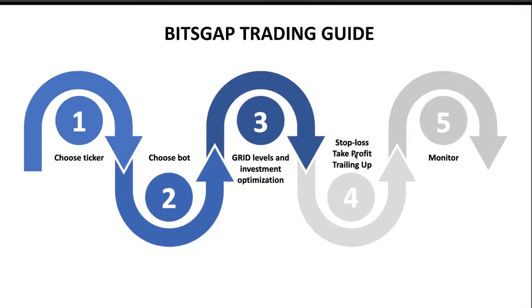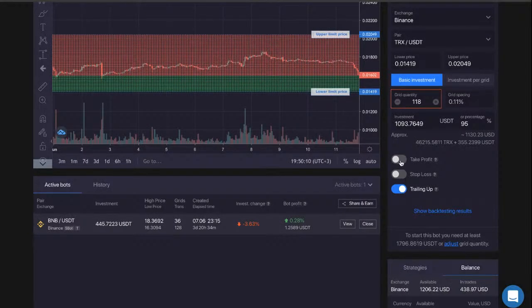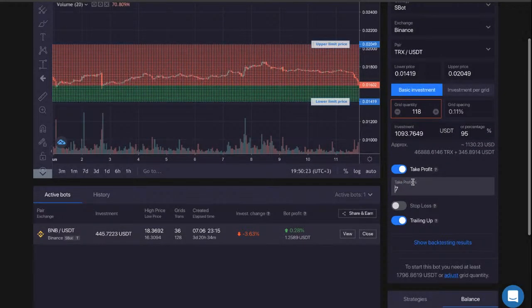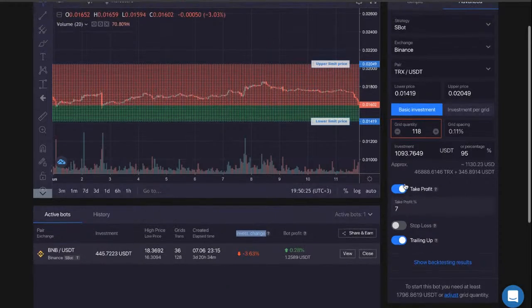The new feature that we have is the take profit, and once you click on the take profit, you have to type the relevant percentage. Let's say I'm looking for 7% of the investment change for my Tron trading to USDT. As soon as the investment change comes to 7%, the bot will automatically close, so your take profit will be initiated.